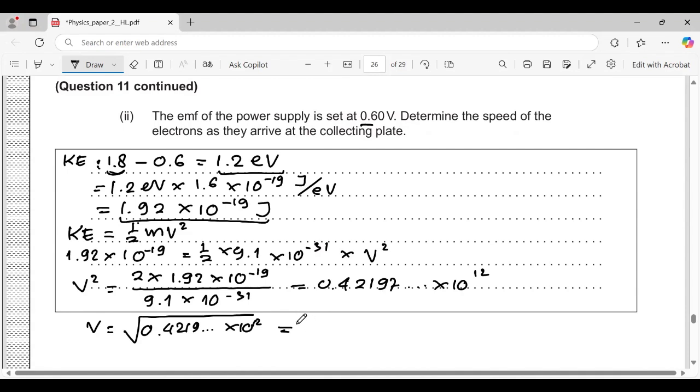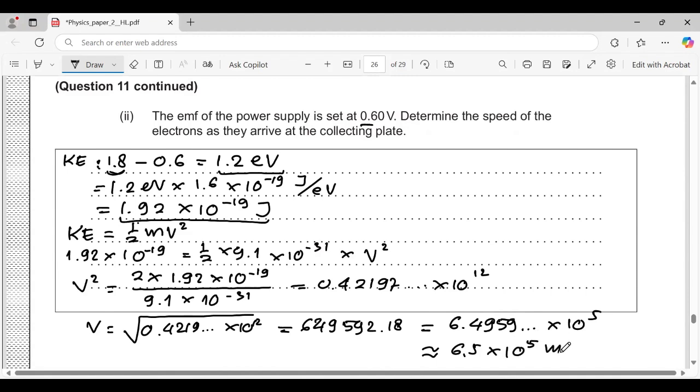And the result is 649,592.18, or we can write 6.4959 times 10 power 5, or 6.5 times 10 power 5 meters per second.